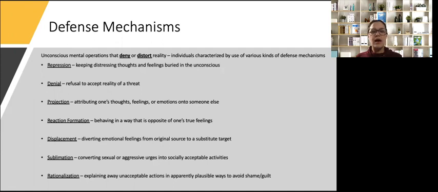Now, according to Freud, anxiety is produced because your unconscious repressed feelings or memories are what is causing your anxiety. Okay, so all of these repressed things in the unconscious then produce anxiety. So even though you might not be aware of these unconscious feelings or memories or whatever it is that's happening below the surface, it creates this anxious feeling in you. And he suggested that people deal with this anxiety in a number of ways, using different defense mechanisms.